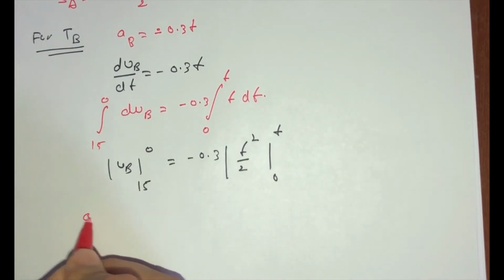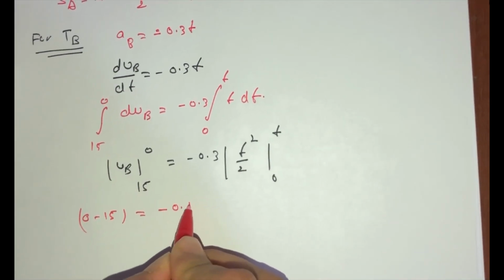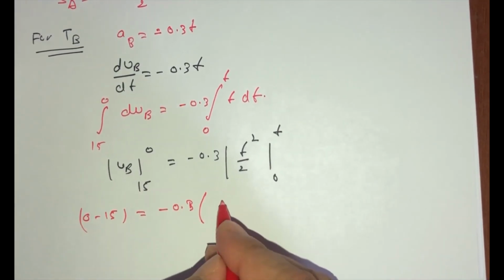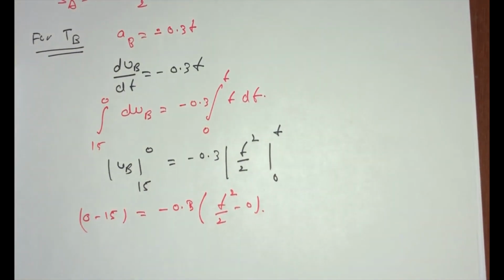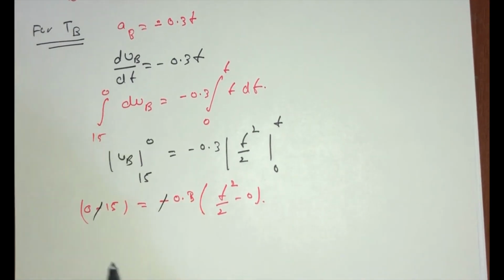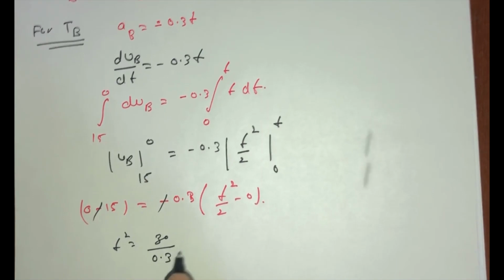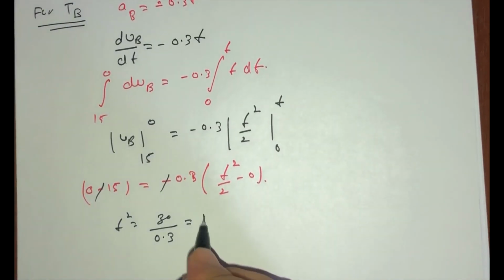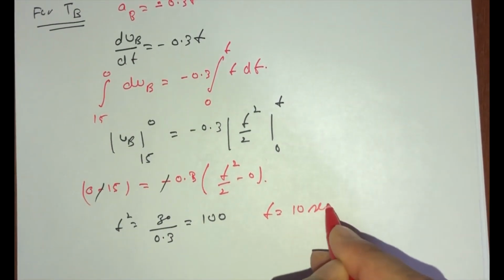These are some simple calculations; we put the limits. The minus cancels with this minus, so we get t square is equal to 30 divided by 0.3, or t square is equal to 100. So from here we find that t will be equal to 10 seconds.